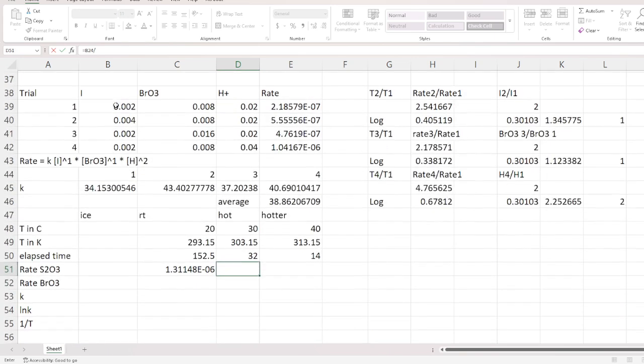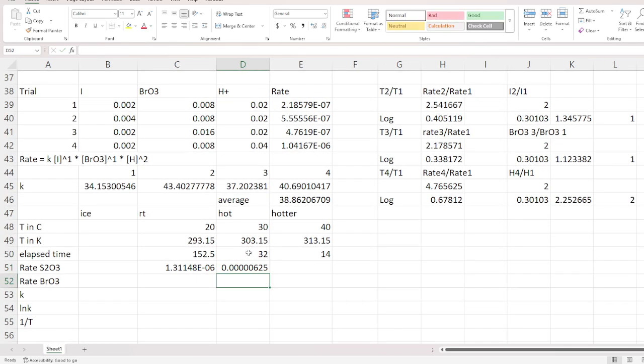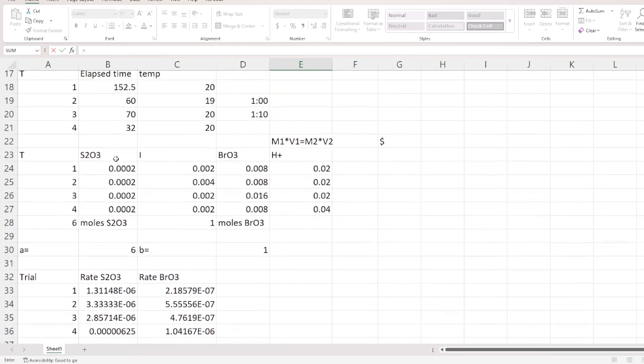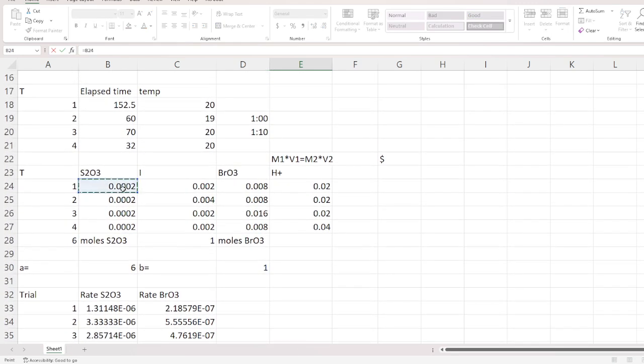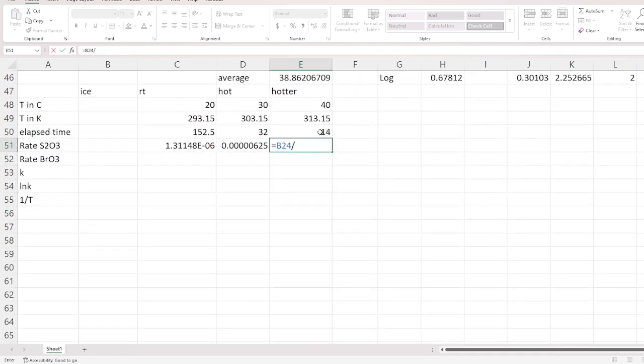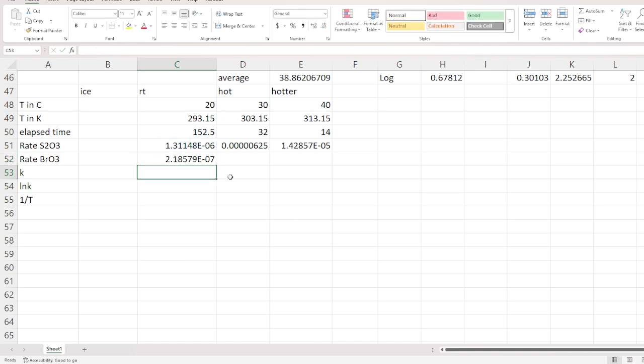Divided by my time equals concentration there divided by my time. Once again, to get that, you're going to divide this by 6. I can just drag that over because it's the same equation. Divide that by 6. Divide that by 6.